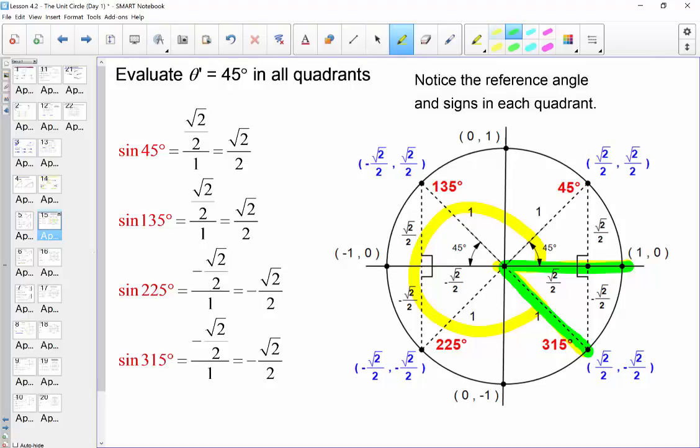So now we can determine the sine of 315 degrees using 45 degrees as our reference angle. So the opposite of 45 degrees is negative square root of 2 over 2. Notice it's negative because we're in the fourth quadrant, over the hypotenuse 1. So negative square root of 2 over 2 over 1 equals negative square root of 2 over 2.